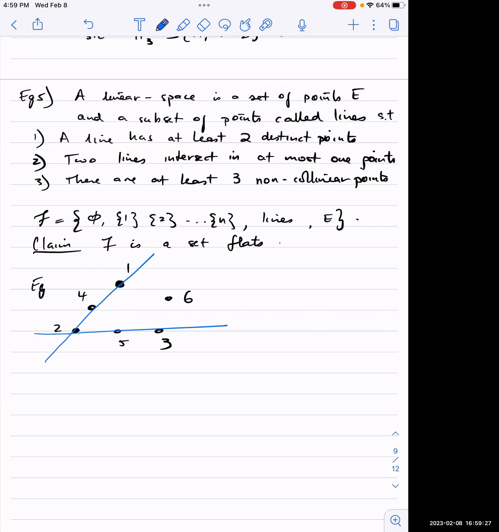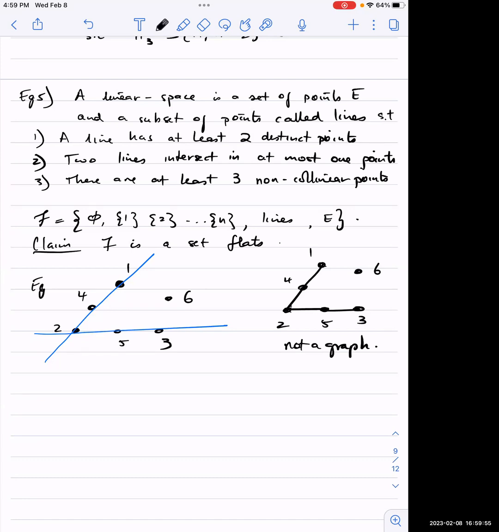Those are the non-trivial lines. It is customary to not have these lines extend, and just draw them like this. Now when I draw this, it looks like a graph, and in context you have to know it's not a graph.